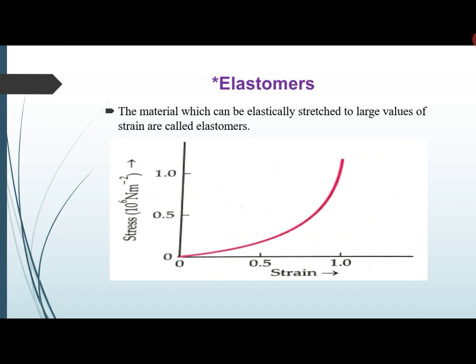Now the graph is not a uniform linear graph, so we are observing from this graph that the elastomers are not obeying Hooke's law. So initially for a small stress there is large strain in the object, but beyond the elastic limit, for a small stress, again the strain is increased rapidly and reaches an infinite point.